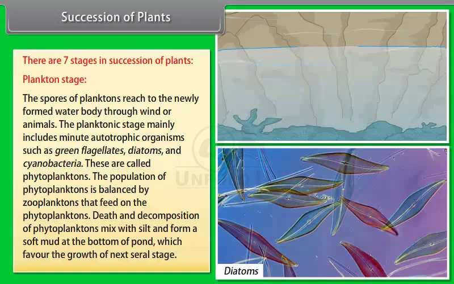These are called phytoplanktons. The population of phytoplanktons is balanced by zooplanktons that feed on the phytoplanktons. Death and decomposition of phytoplanktons mix with silt and form a soft mud at the bottom of pond, which favors the growth of next seral stage.